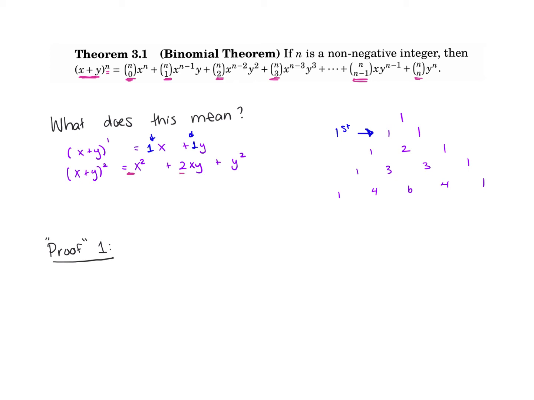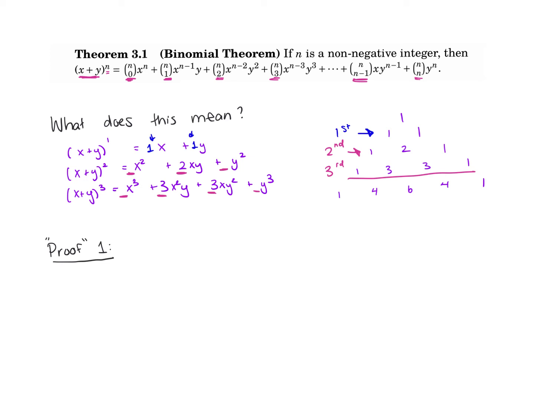So those coefficients are 1, 2, 1, which is the second row of that Pascal's triangle. If we have (x plus y) cubed, then I get x cubed plus 3x squared y plus 3xy squared plus y cubed. And so the coefficients there are 1, 3, 3, 1, which is that third row of Pascal's triangle.